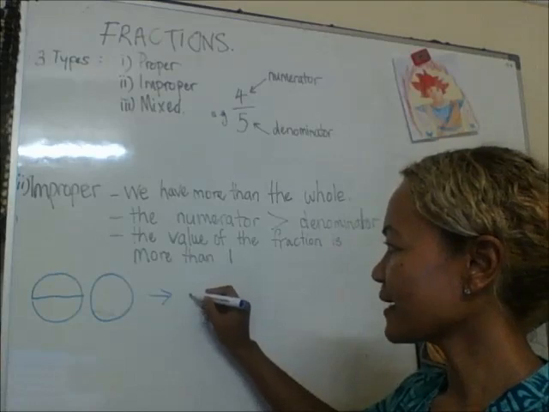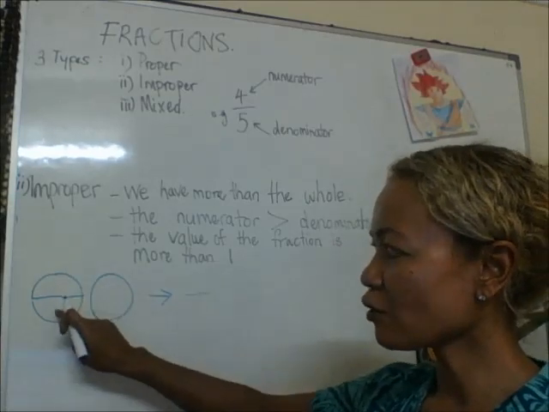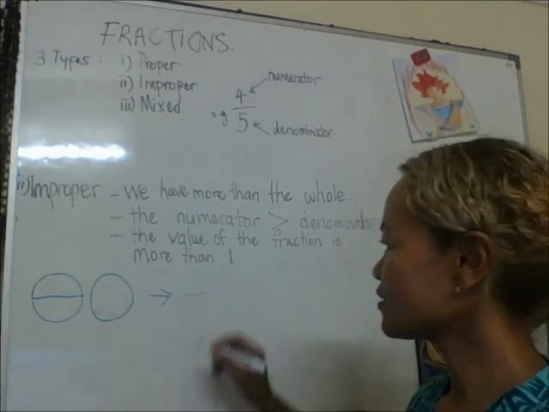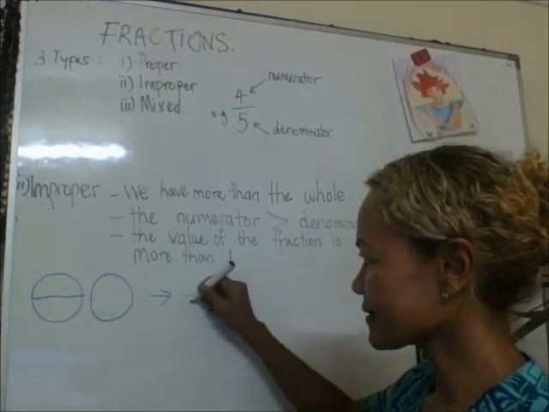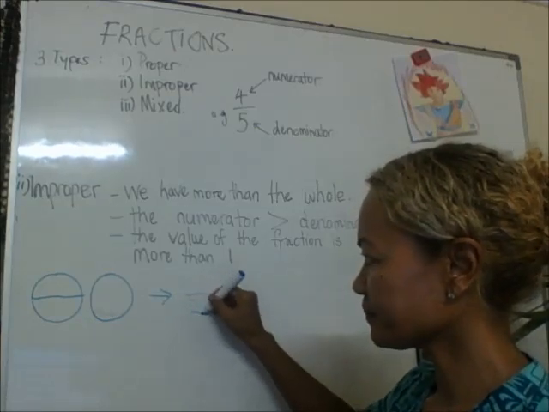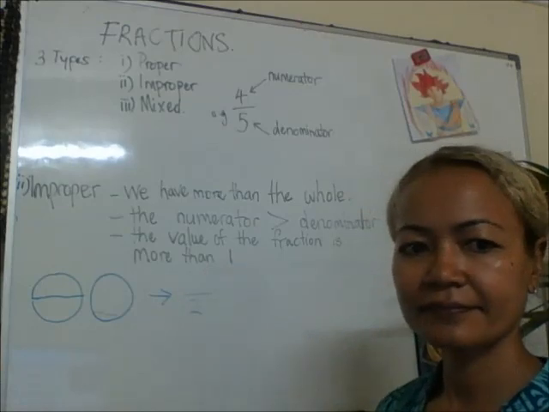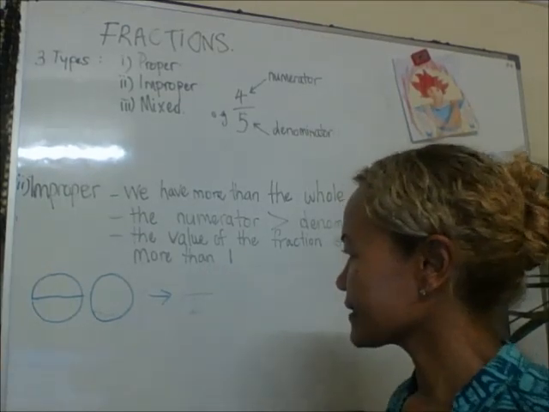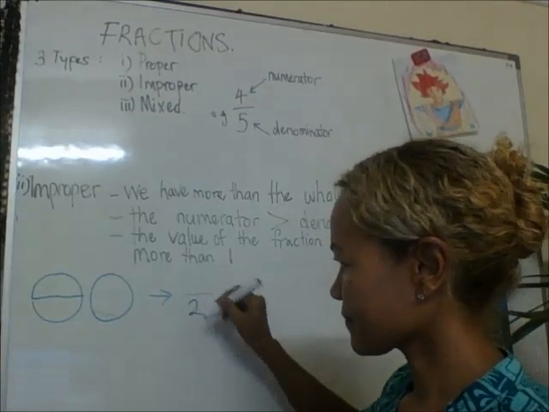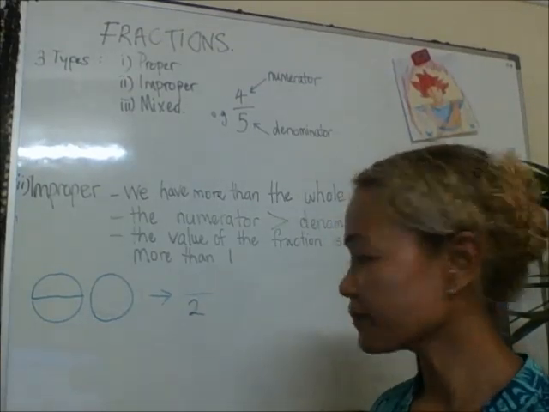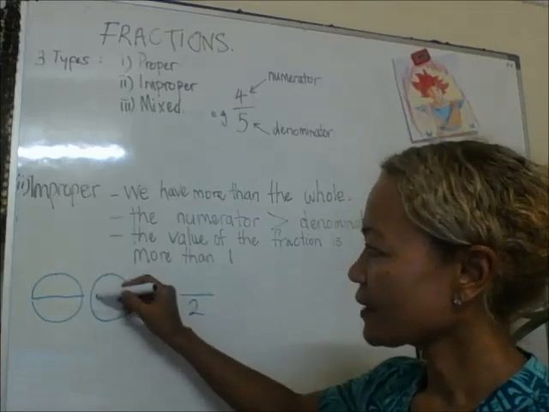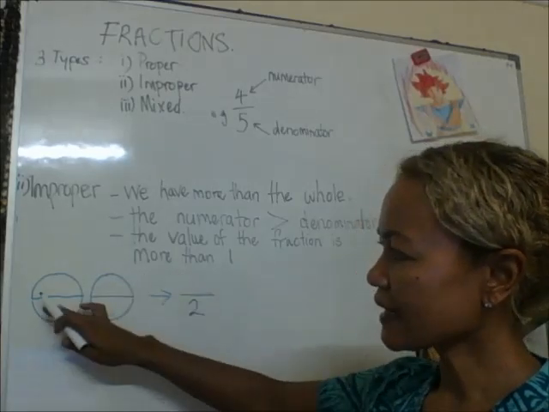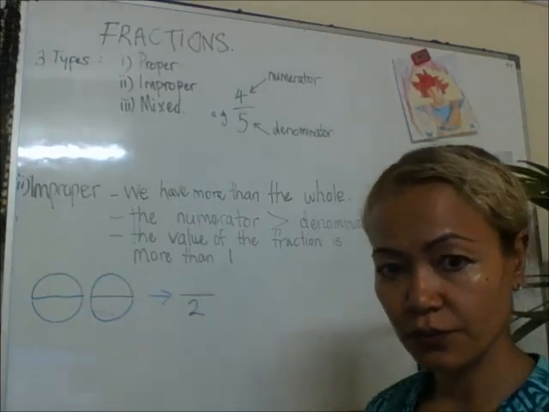And the fraction we are showing, because the whole is split into 2, our denominator is 2. The ink is not showing up very well. Denominator is 2. So the wholes are split into 2.